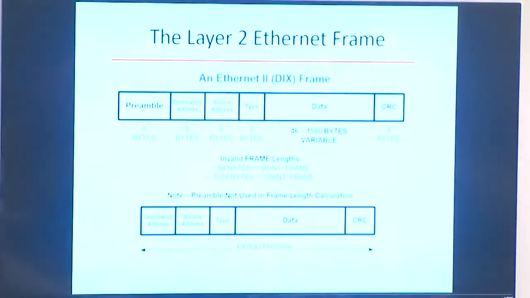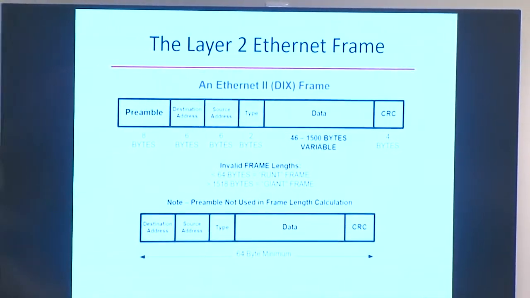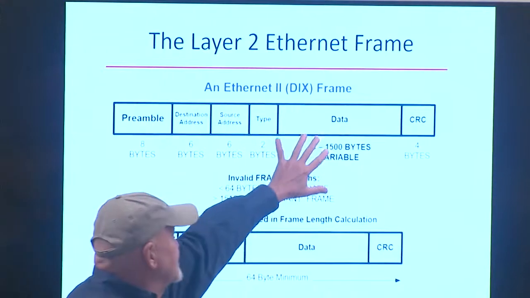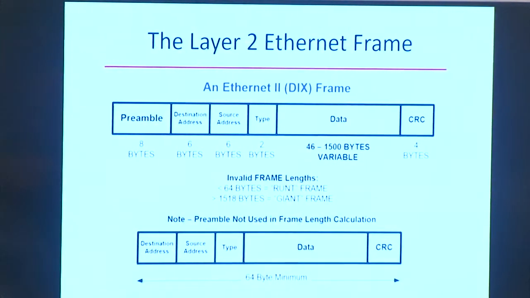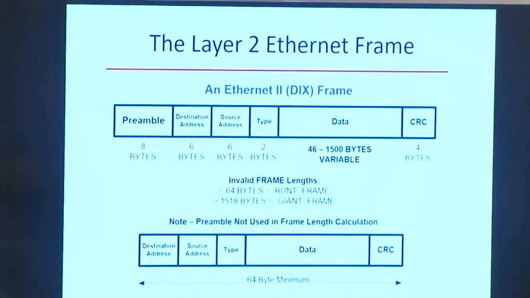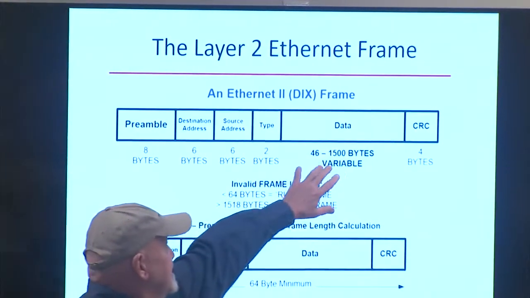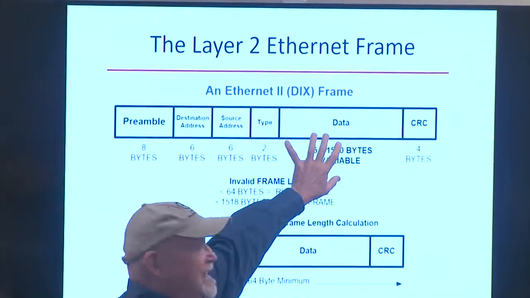Looking at the details, and I jumped ahead here, with that frame, certainly we're most often concerned with the data or the payload data. A couple of things to note is that the size of the payload data has limits.